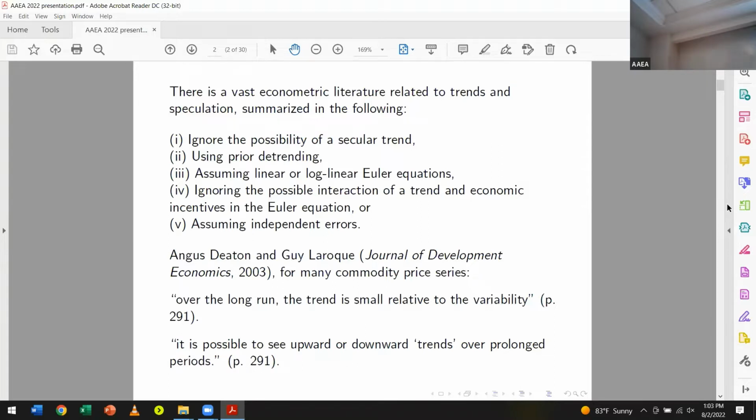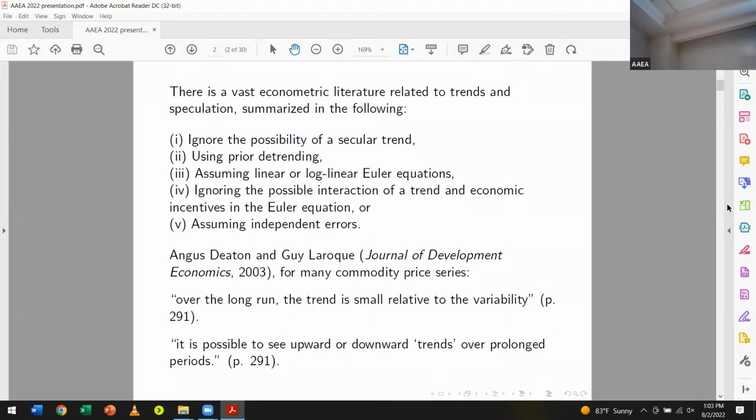So, okay. Now, as an overview of what you see in commodity prices, this quote from Angus Deaton and Guy Laroque, although it's rather old, really reflects most of what is happening in the understanding of commodity prices currently in the literature. They say that in the long run, if there is any trend, the trend is really small. So why don't we just neglect it? I mean, it's just a small number compared to the variation.